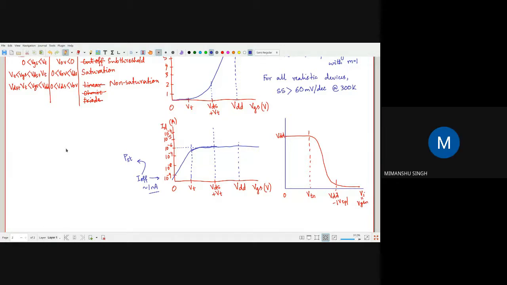Sir, increase VT. Exactly. Then what will happen? This is our curve. So what I will do is simply shift it. If it shifts, then obviously our off current will decrease.